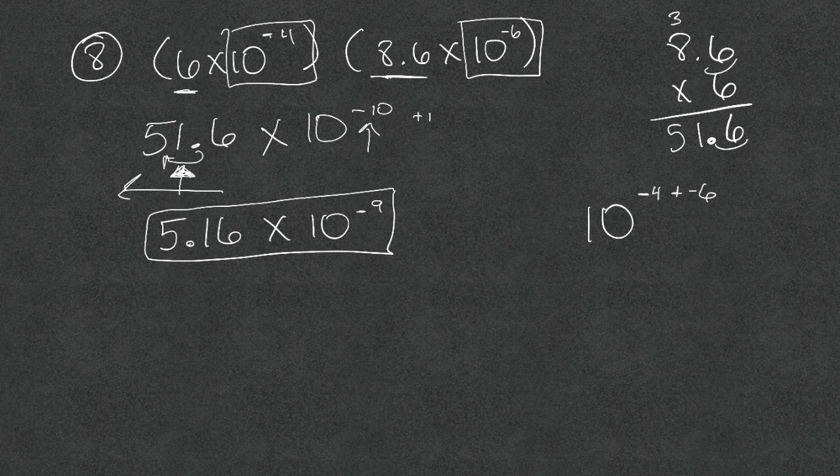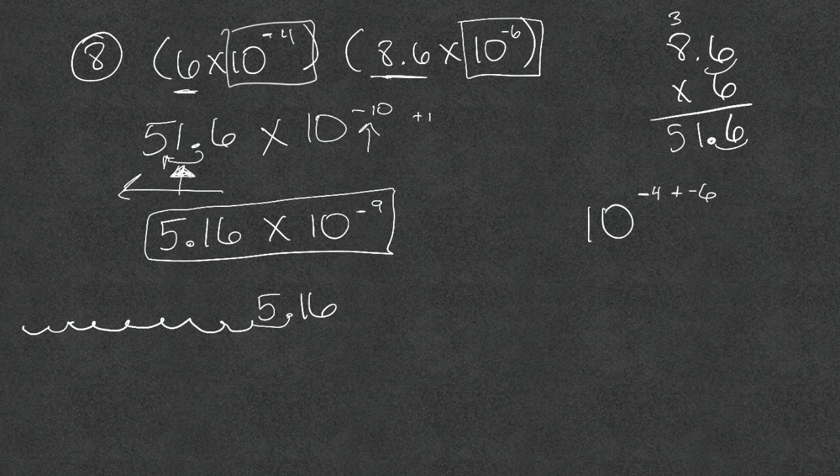Now this is a really, really small number, right? To the 9th power. Lots of zeros. So just for kicks for this one, let's make this into standard form so that you can see what this looks like. If you write this out, the way to do it is to count 9 places to the left. 1, 2, 3, 4, 5, 6, 7, 8, 9.